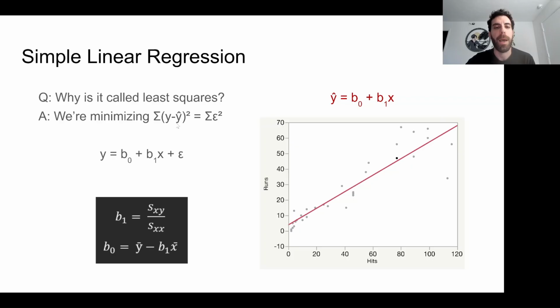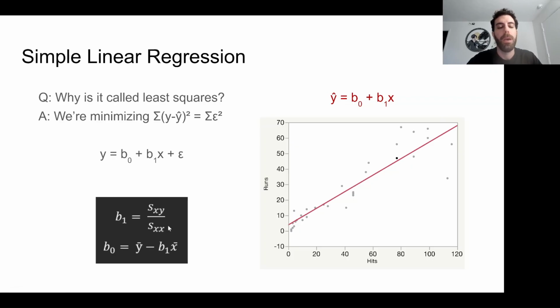And if you remember, y hat just represents your predicted values for your response, and y is your actual values for your response. So you could do some calculus to minimize this equation, and you will find that these are the values that minimize the equations.